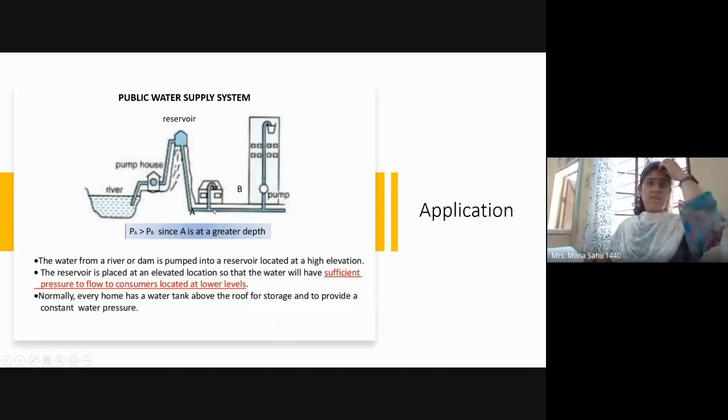Every home has a water tank at a higher level, so you need to provide a particular pressure. If it is flowing from a higher elevation, automatically the pressure will be more at the lower point than the higher portion.